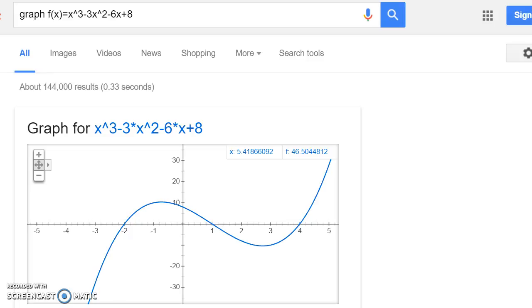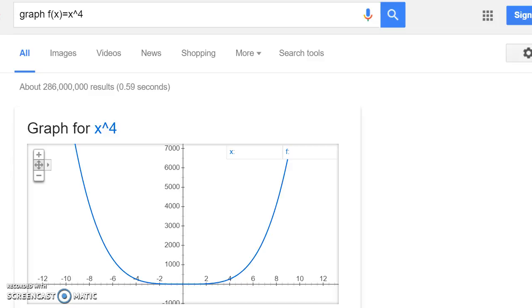A 3rd degree function has 2 turning points. So maybe it's 1 less than the degree. Well, you might think that until you look at this graph, which is x to the 4th. Notice x to the 4th only changes direction from decreasing to increasing 1 time. So it only has 1 turning point.